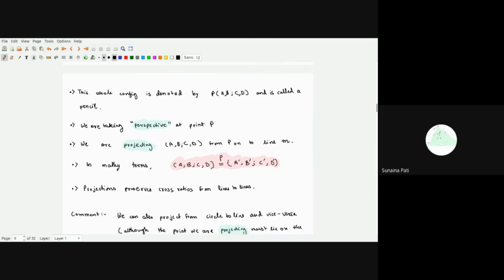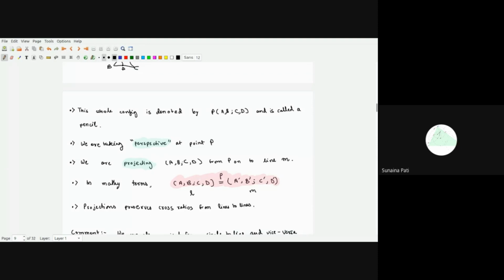Everybody just writes this. How are the cross ratios of ABCD and A dash, B dash, C dash, D dash equal? Because you're projecting from point P, from line L to line M, and the cross ratios are preserved. There's nothing fancy, you just define the mathy symbol.